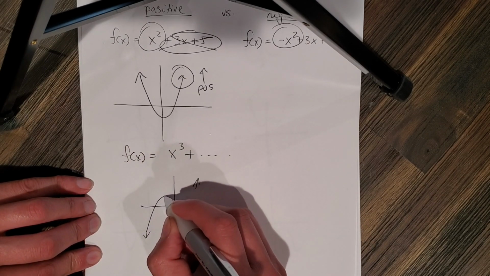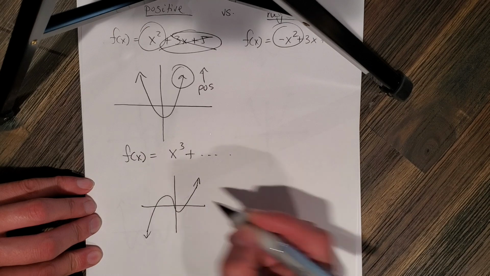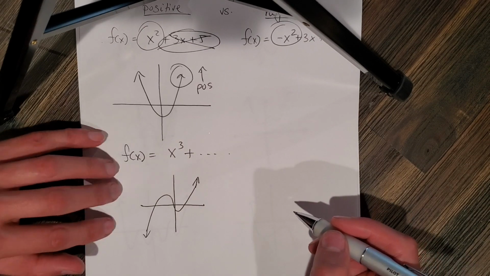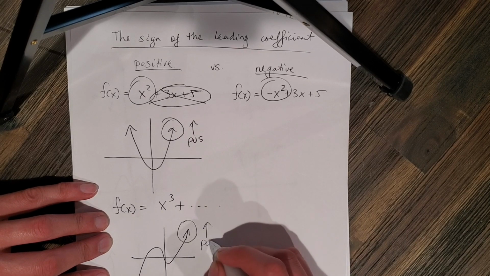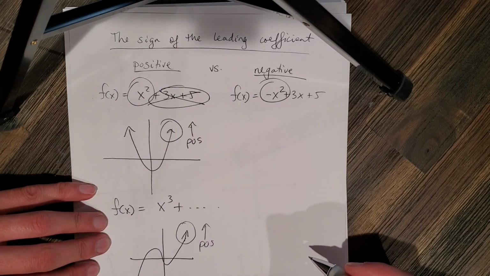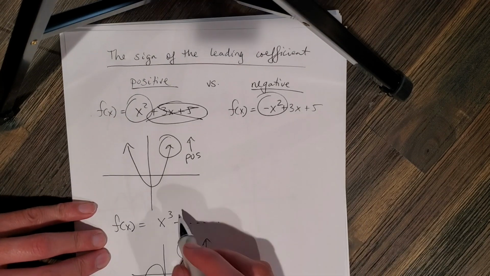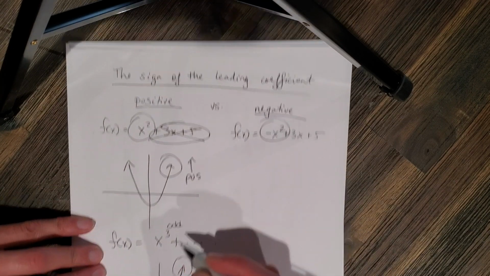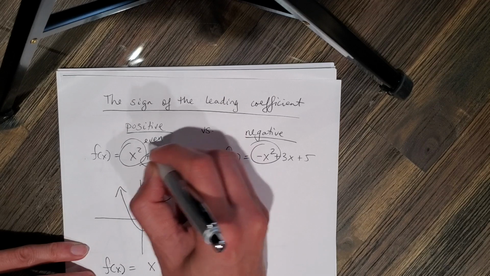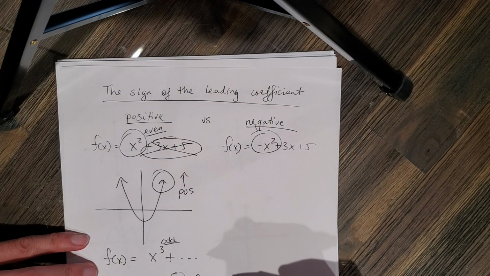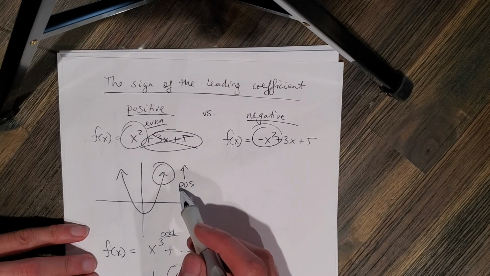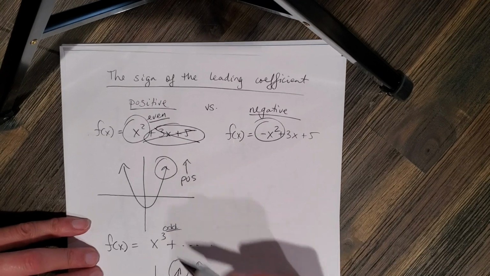It's going to go up, it's going to have a hoop, it's going to change direction, and it's going to come up like that. So you see, both of these are going up on the right, so that makes it a positive leading coefficient. Okay, notice how this is odd and this is even. So I can have odd positive and even positive. For positive, it just means it goes up on the right.